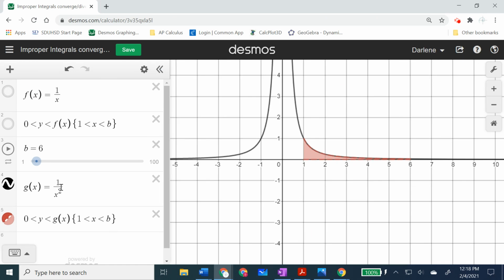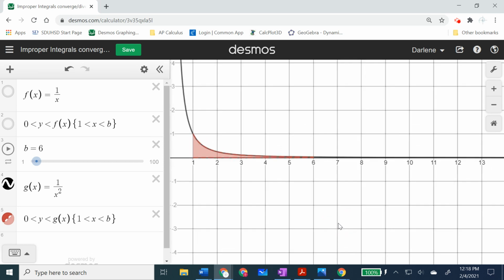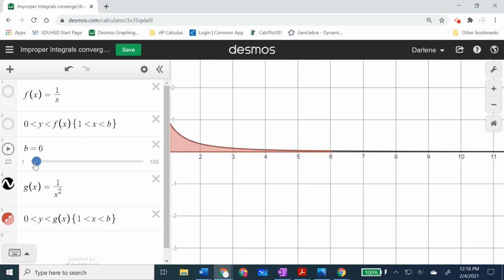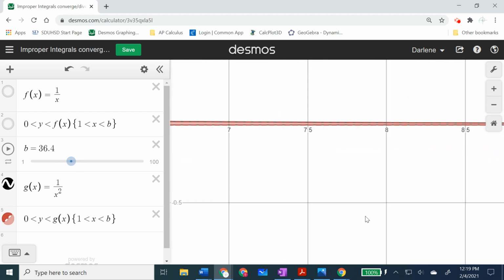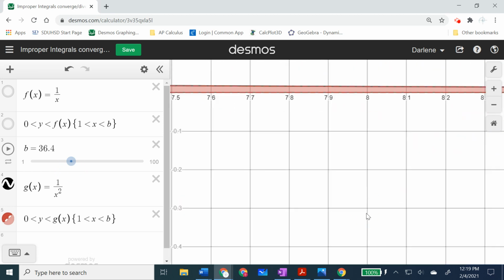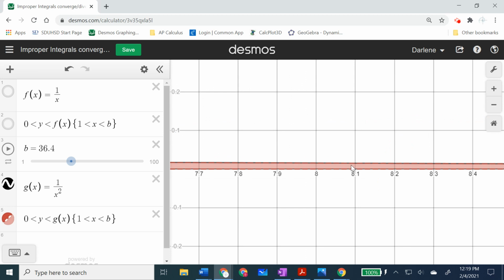And I'm looking at the idea of, again, heading to infinity, getting more and more area under there. But look, if I zoom in enough, I can see that I am continuing to add to the area. And it doesn't matter how far down to the right I go, I can zoom in enough to see that something is being added. The question is, is it growing bigger and bigger toward a ceiling?